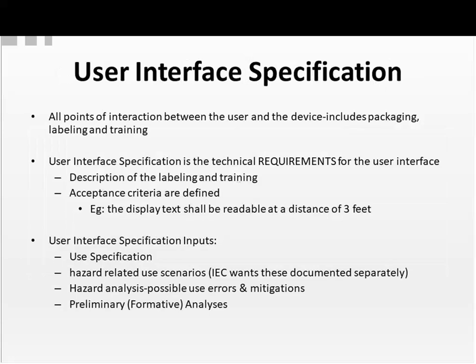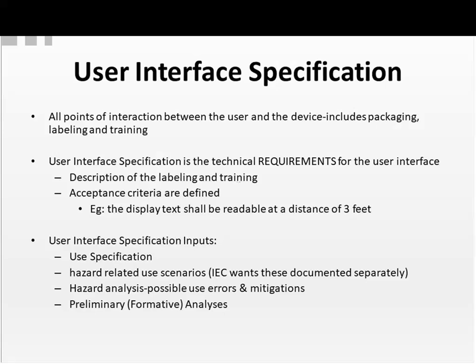Once we've created all the previous information, we now create a user interface specification. The user interface specification defines all points of interaction between the user and the device. This includes the packaging, it includes the labeling, it includes the training.